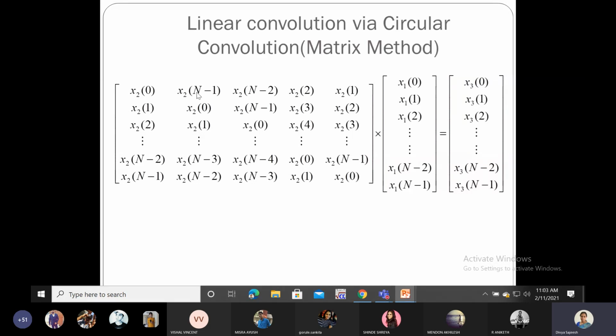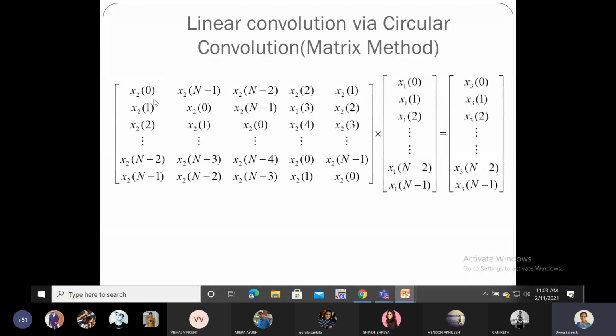Now in the second column, you are shifting it. You are assuming these samples are on the circumference of a circle, so you are just interchanging the positions. When you shift one sample, the other samples also change their position in a circular manner.